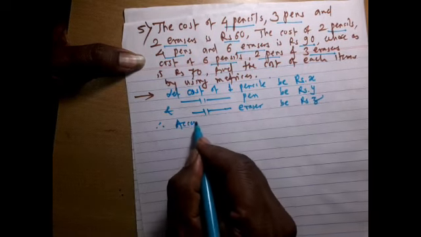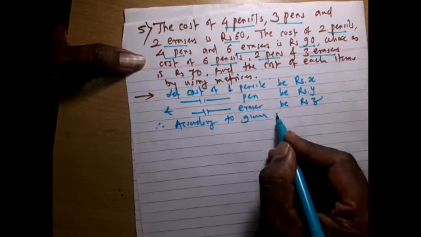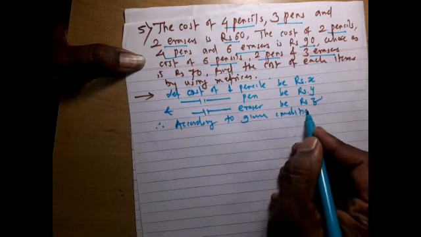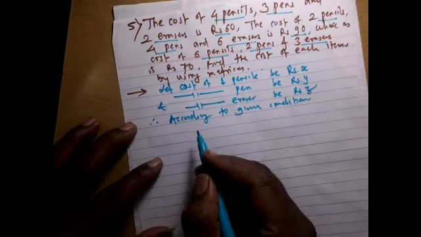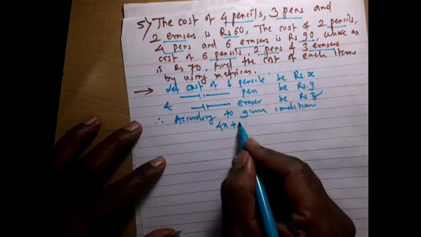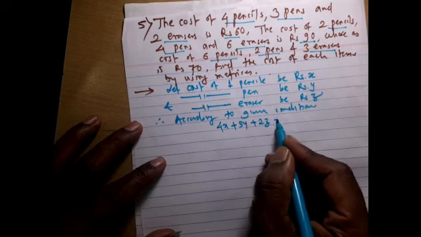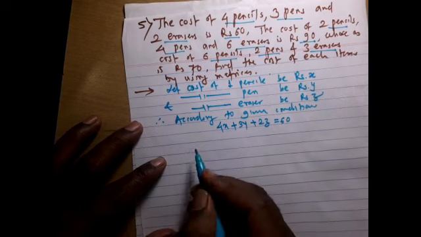Therefore, according to the given conditions, first equation: 4 pencils, so 4x plus 3y plus 2z is equal to 60.